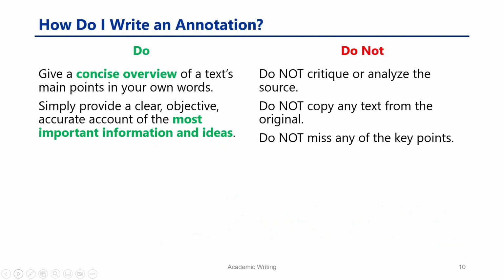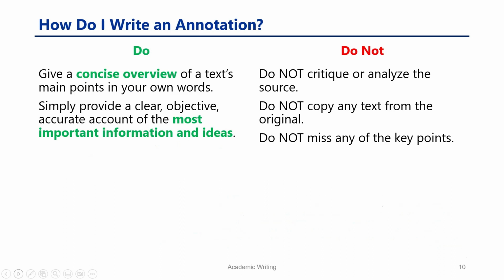So there are some do's and some do nots of writing an annotation. You do want to give a concise, that is, brief overview of a text's main points in your own words.